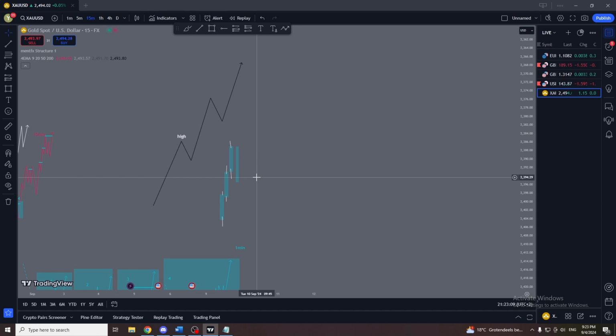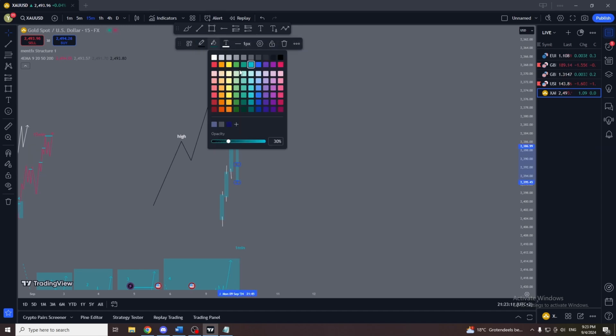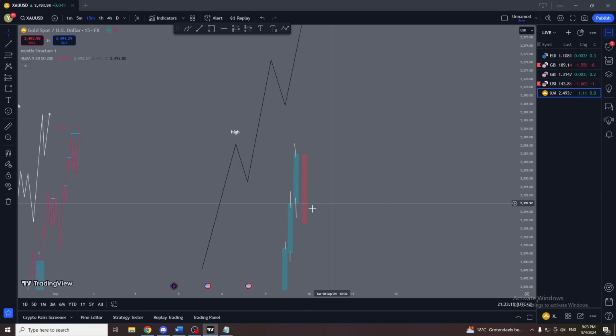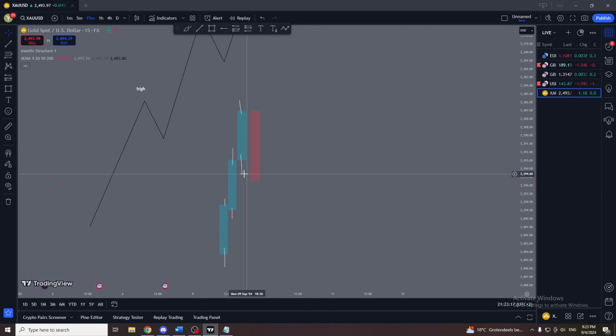Okay? So imagine this candle being red. If this candle closes below this wick or this body, but let's just put a wick because most of the time you get wicks, it's a pullback for me. If this candle closes like this, I cannot label this a high.